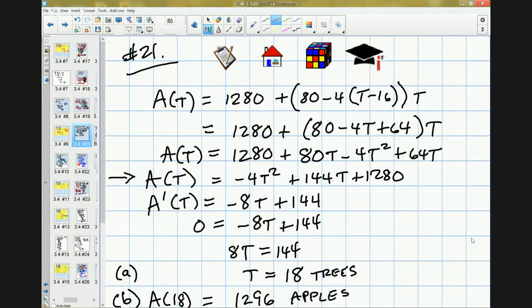So if you take 16 times 80, we just do that over here. That's where I got the 1280 from. So that's kind of where we are right now. We've got that many trees, so that's the yield.